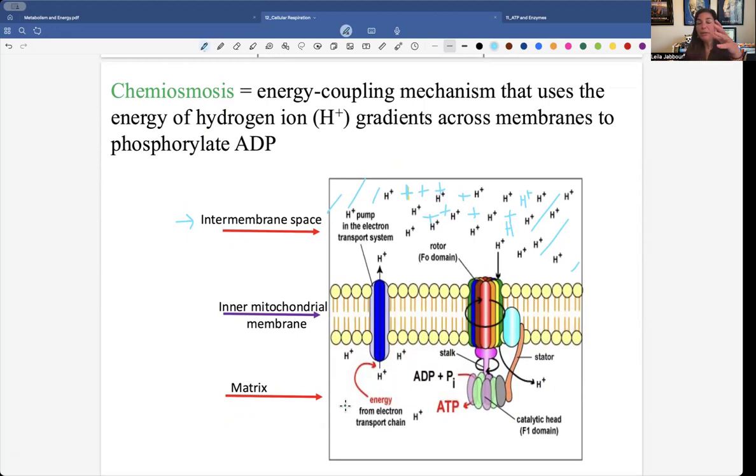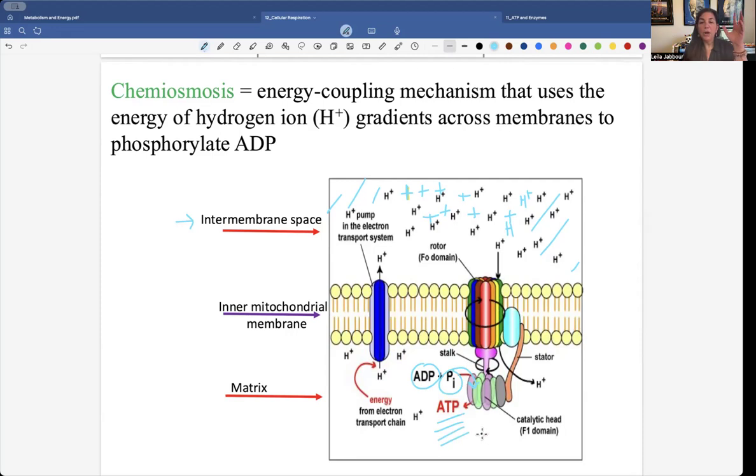It's a membrane protein that rotates, and in the process of rotating, it's going to produce an ATP molecule. What? This is so cool. So the ATP synthase rotates, and in the process, it will take an ADP plus a phosphate group, click them together, and form ATP. Oh my gosh.